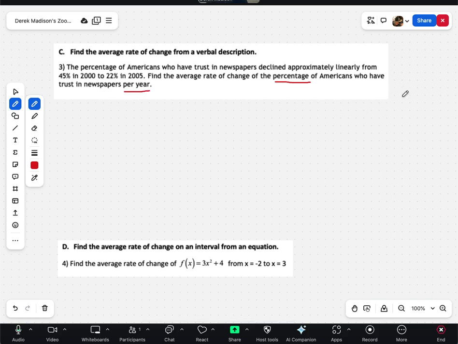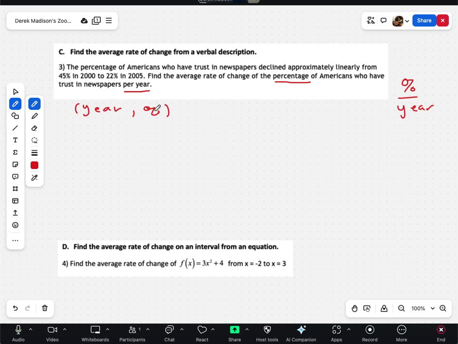So otherwise, we're finding the percent over years. And this is our change in y, this is our change in x. So that means the year is our input variable, and the percent is our output variable. The way that they wrote this makes it feel like the ordered pair is the other direction, but that's not what they're asking us to find. They're asking us to find percent per year.